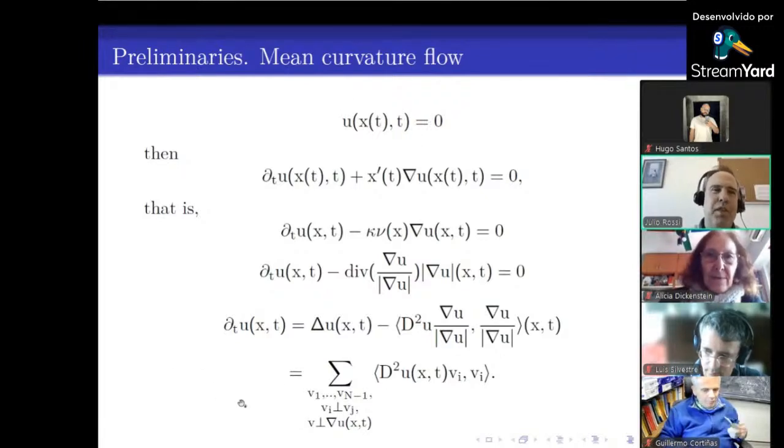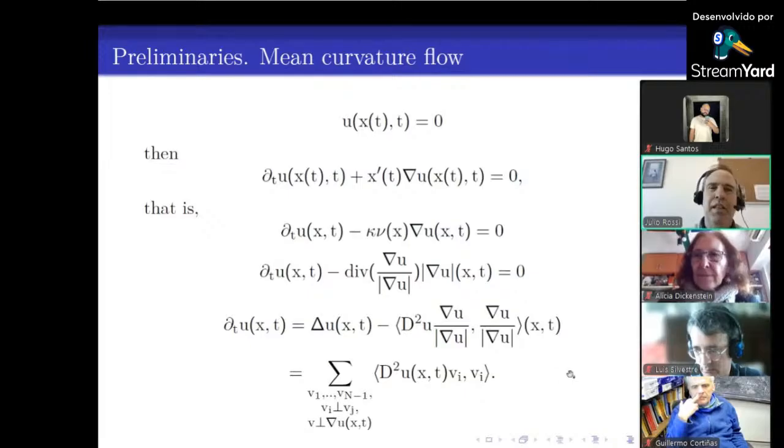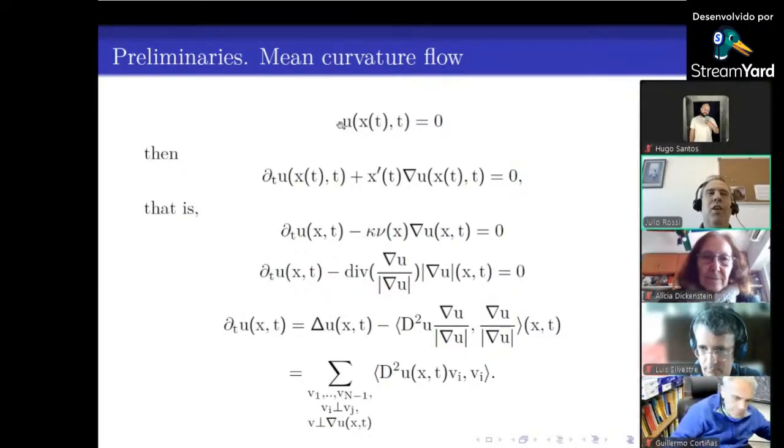And this equation is a PDE, a partial differential equation, that encodes the movement by mean curvature of your surface if you understand your surface as the zero level set of your function u(x,t).